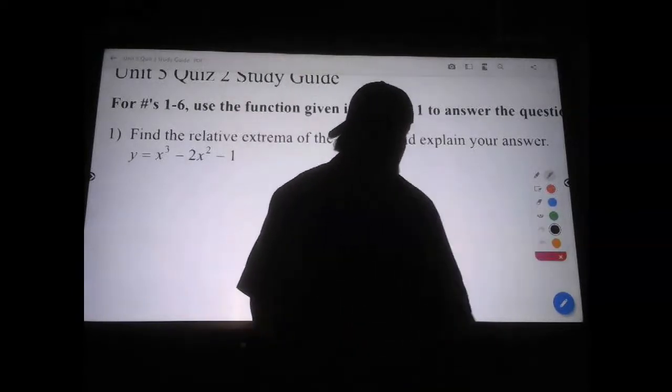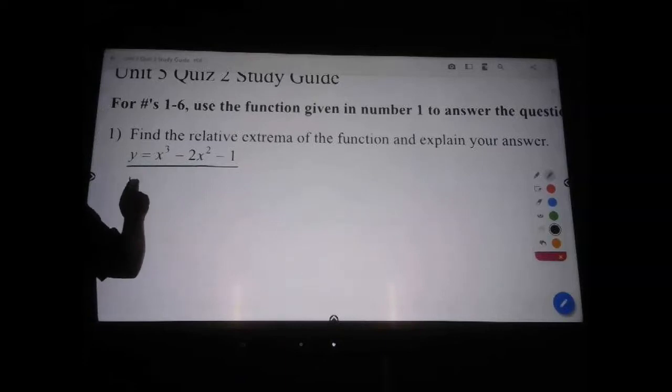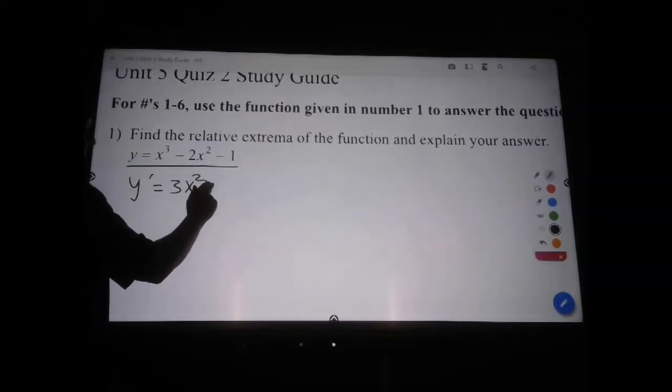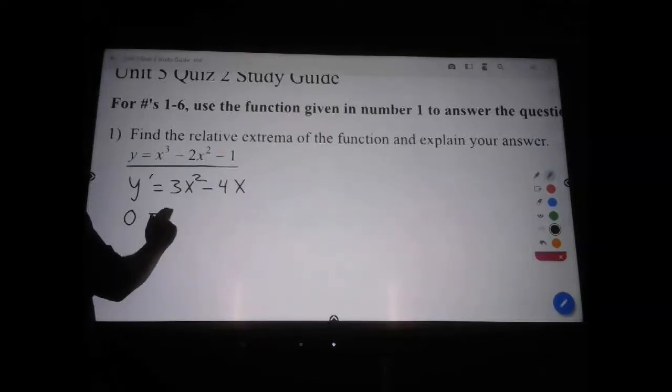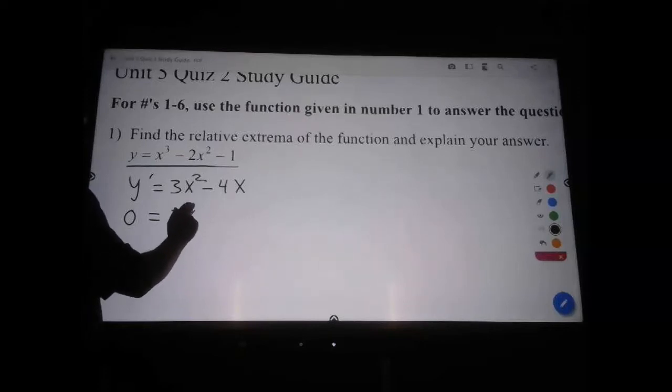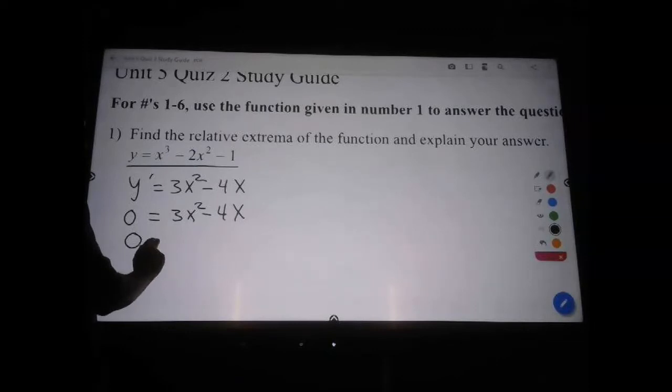So the process that we're going to go through then is we're going to find the derivative of our function there. We're going to set that equal to 0. And when we solve for x, that will tell us what our critical values are.